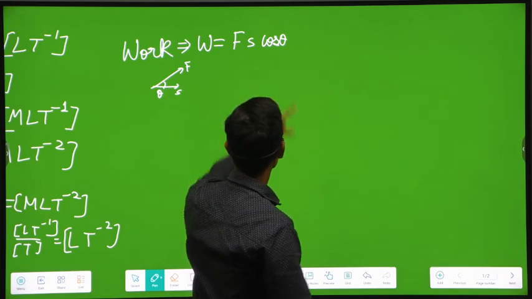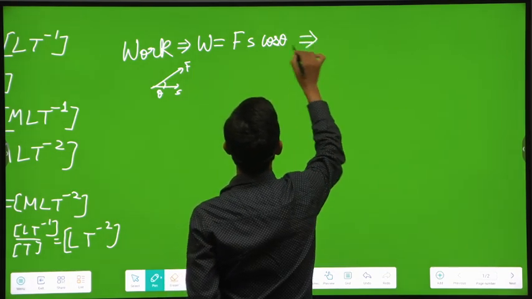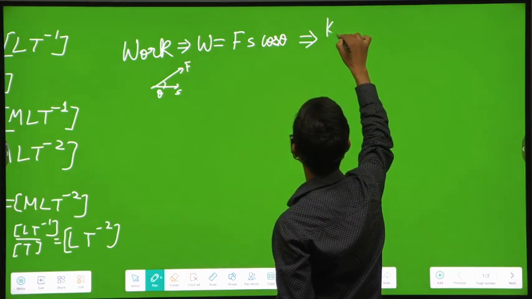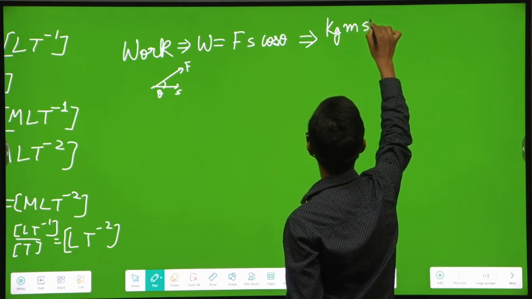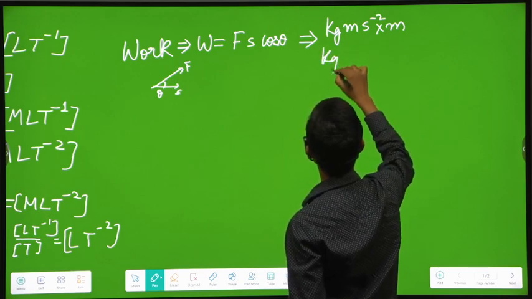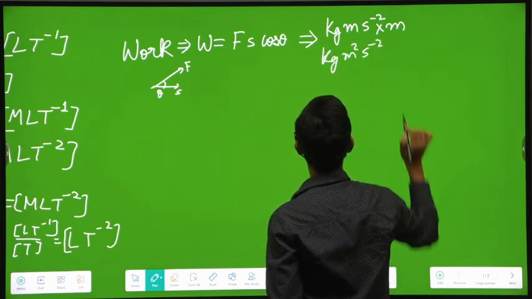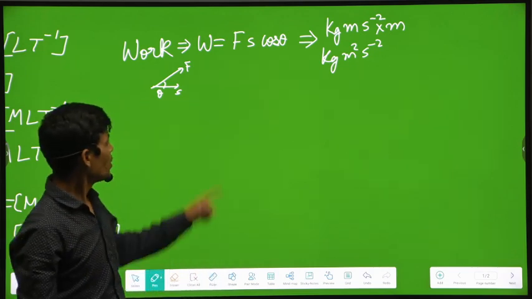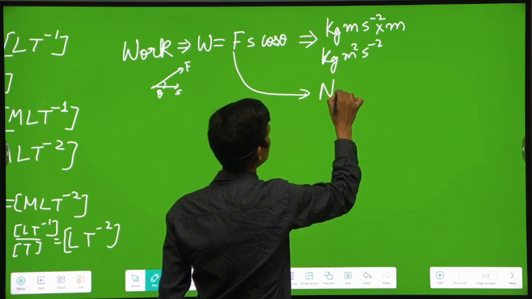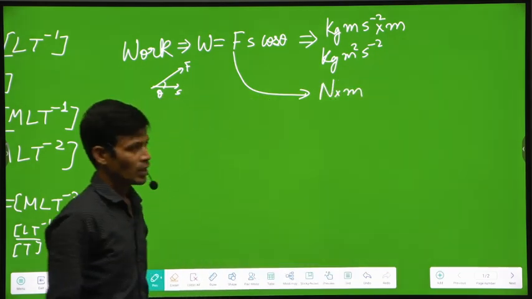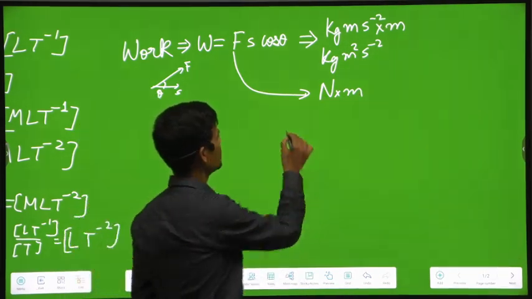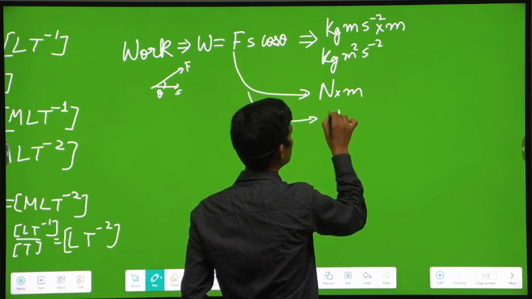Okay, so Fs, unit of force kg meter per second square, and again multiplied by meter, so it will be kg meter square per second square. Okay, and also unit of force is Newton, so it is Newton multiplied by meter, and again it is getting bulky, so we will replace it by joule.